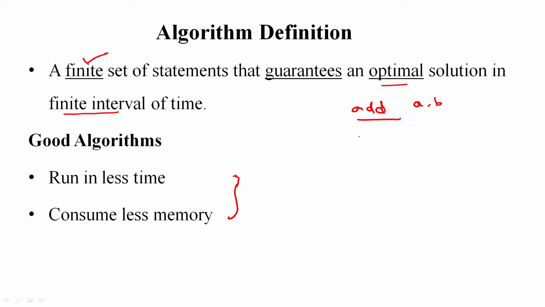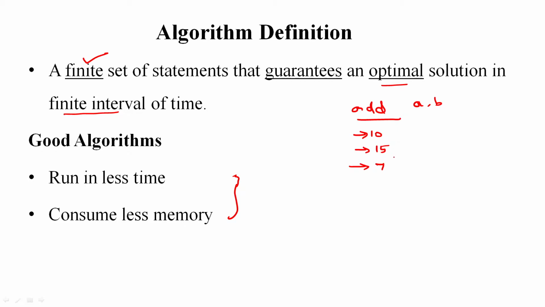So, one algorithm may have 10 lines of code, another algorithm may have 15 lines of code, and a third algorithm may have 7 lines of code. So here we assume three algorithms have been written for adding the two numbers using 10 lines, 15 lines and 7 lines. Here each statement may have some operations.